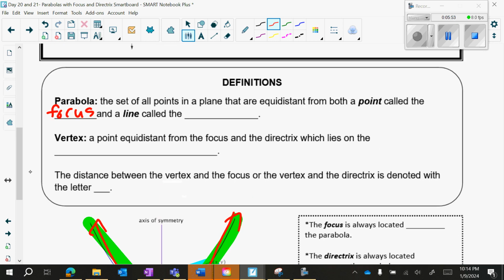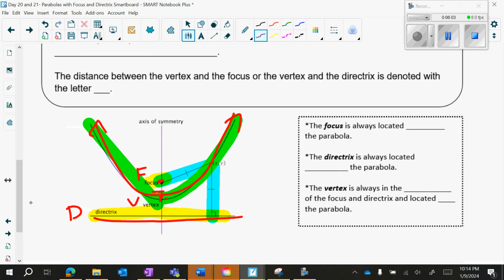So the parabola is the set of all points in the plane that are equidistant from a point called the focus and a line called the directrix. A directrix is a line. It's either a vertical line or a horizontal line. In this case, it's a horizontal line, so it would be y equals. The focus is always located inside the parabola.